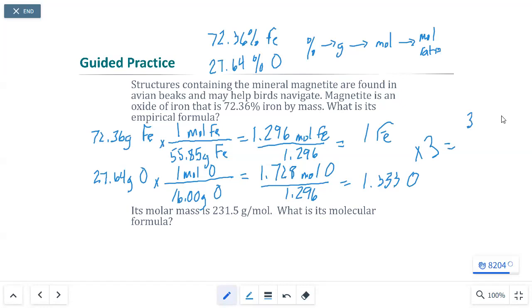I'm going to end up with 3 iron. And I'm going to end up with 3 times 1 1/3, which would be 4 oxygen. So Fe3O4 is going to be my empirical formula.